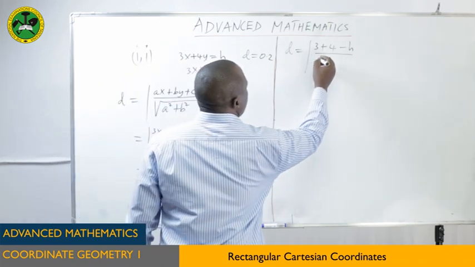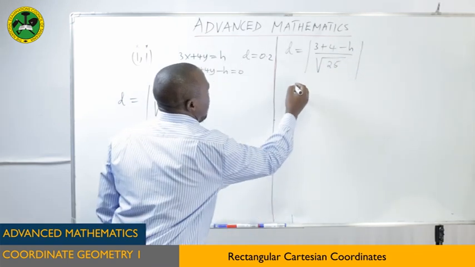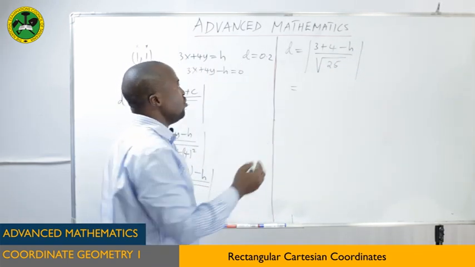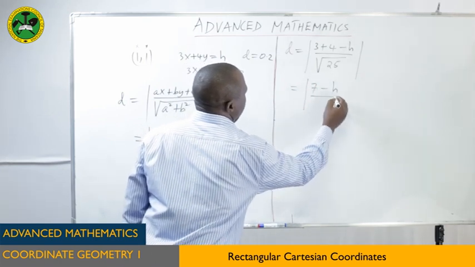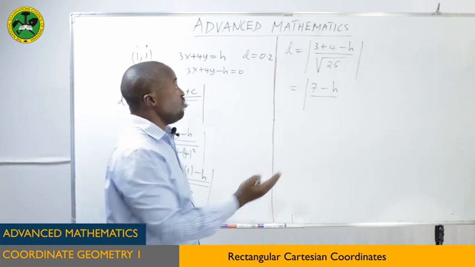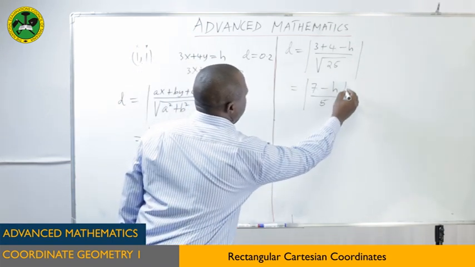That is the same as the square root of 25. So this will be equal to 7 minus h over the square root of 25, which is equal to 5.